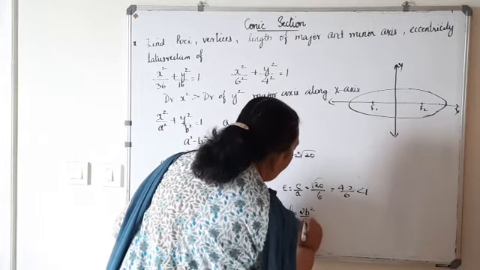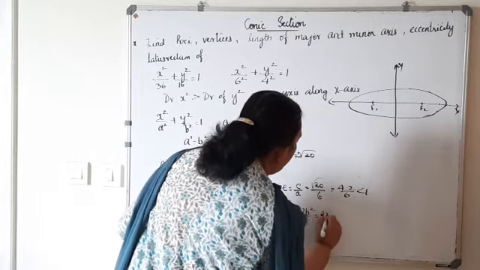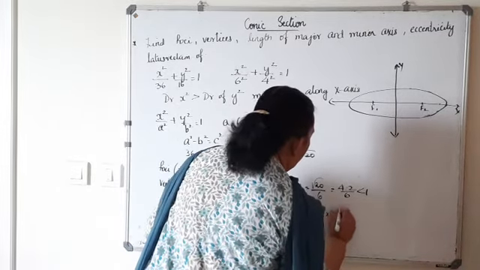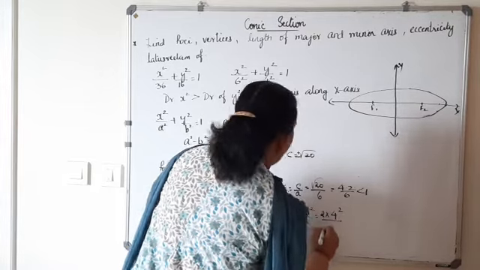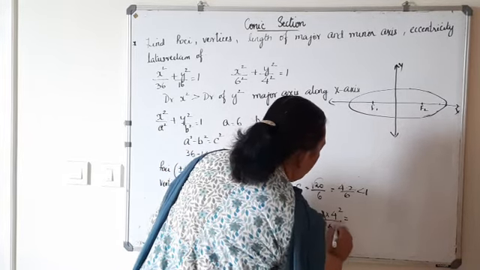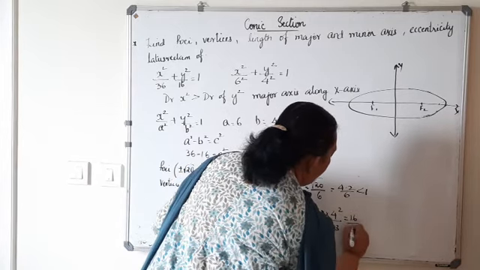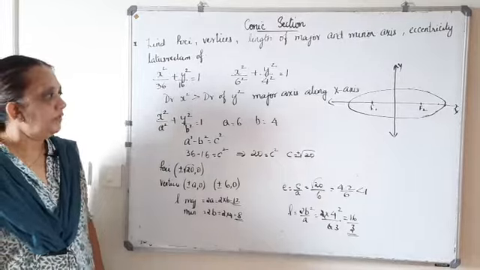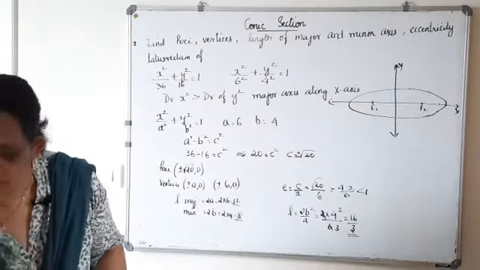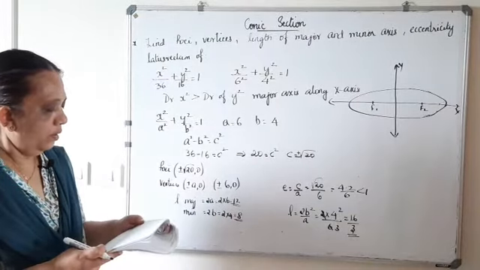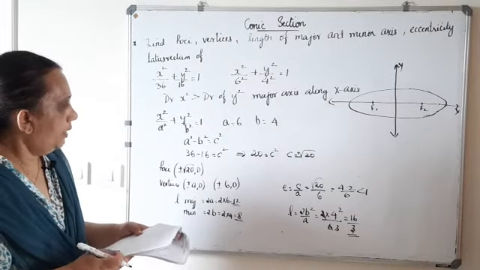Length of latus rectum is 2b squared by a. 2 into b squared by a, 6. That is equal to 2 times 16 divided by 6, that is 16 divided by 3. So once you draw the figure, all the things become easy.